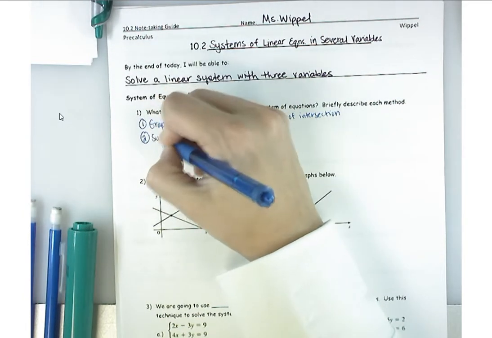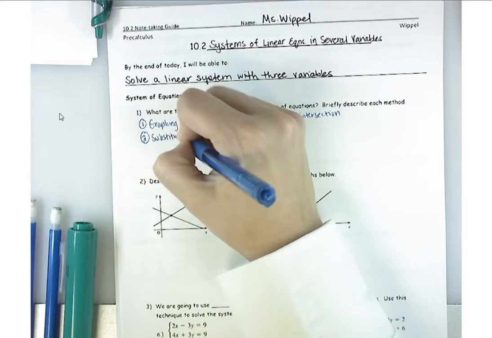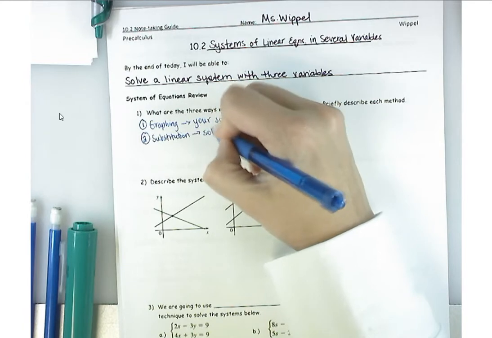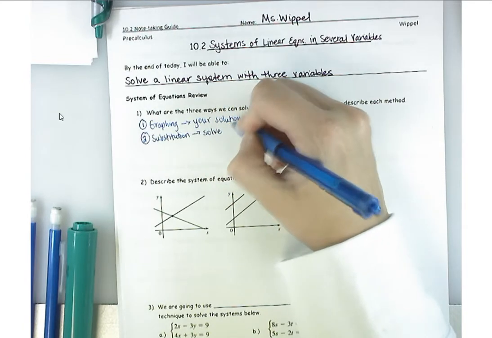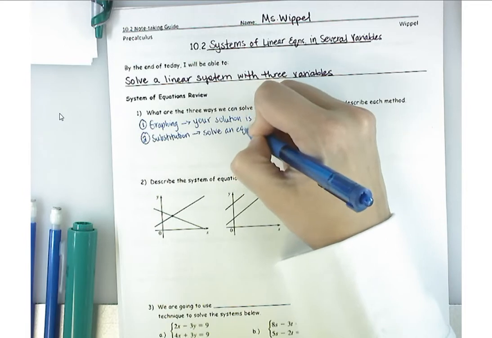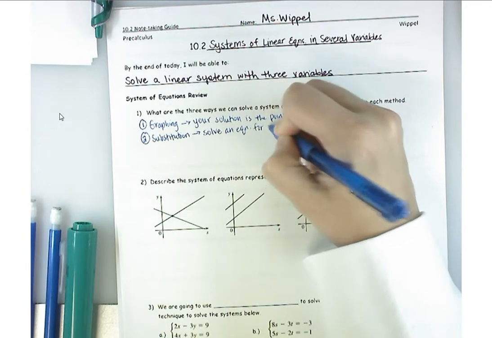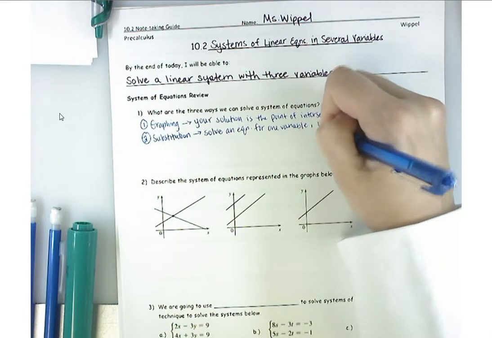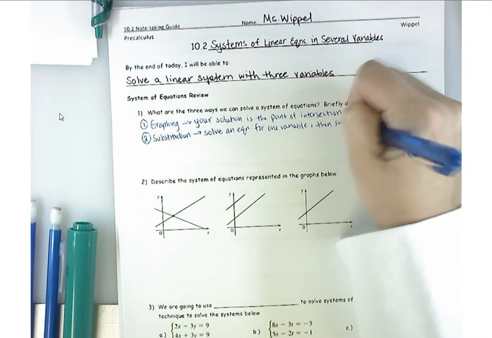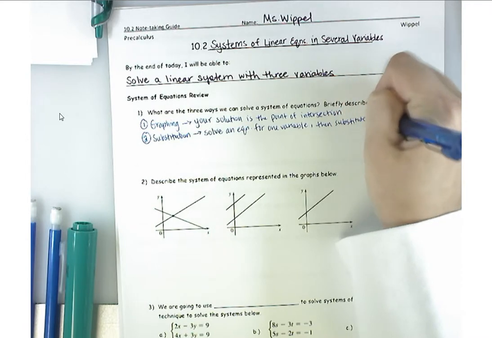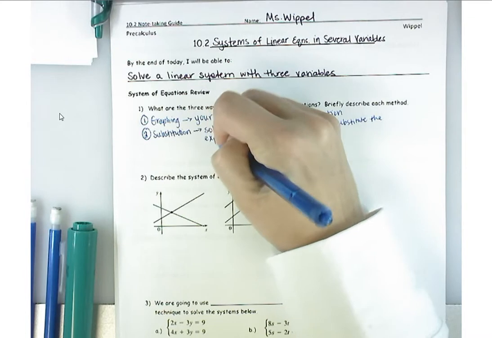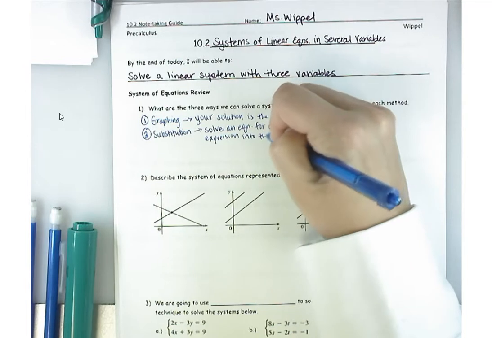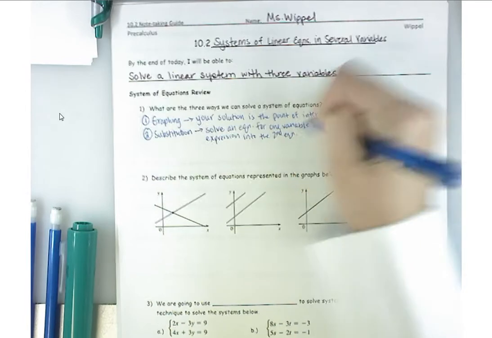The second method is substitution. This is a popular method. When you do substitution, what happens is you end up solving an equation for one variable, then you substitute the expression into the second equation to solve.